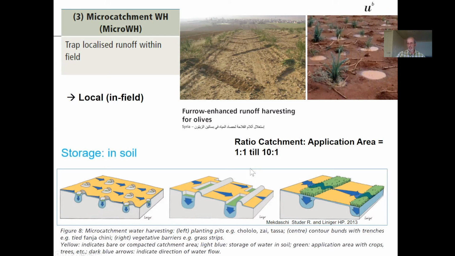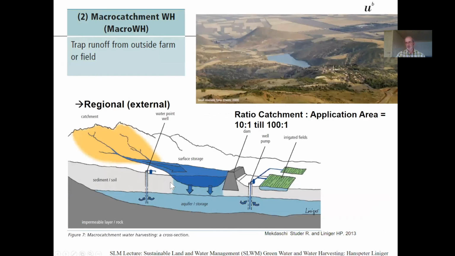Then you get to the bigger ones, but the storage is in the soil. You get to bigger systems like this one here, where you harvest in this area, you collect the water, and then it goes into a surface dam. You recharge the groundwater table, and in this system, for instance, you take that groundwater out again and use it for irrigation.